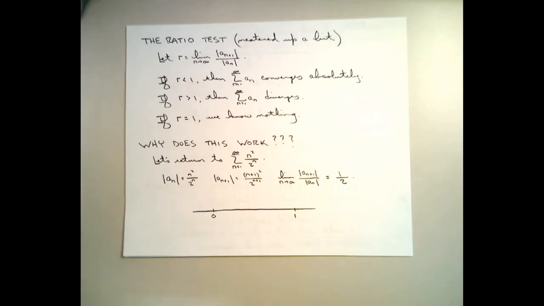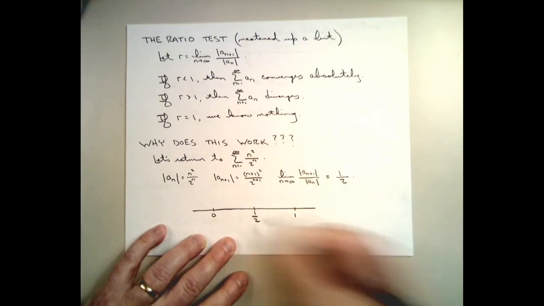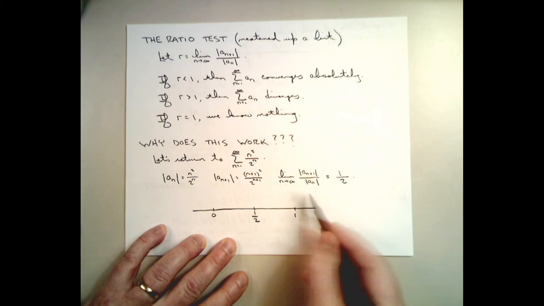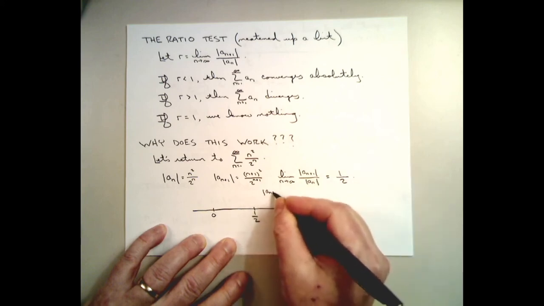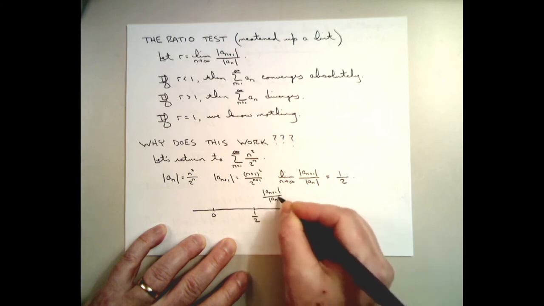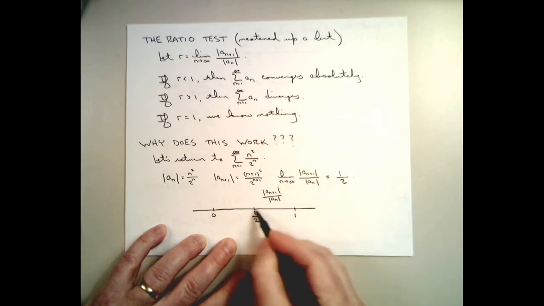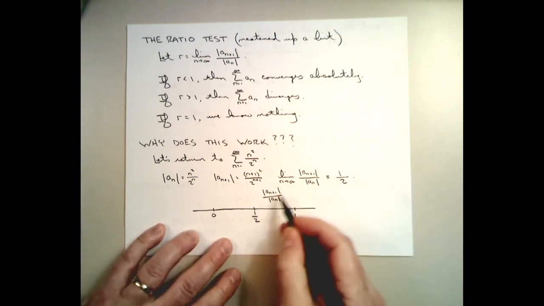Let's draw a picture here. So what's that saying? Here's a half. This statement says that these ratios, a sub n plus 1 divided by a sub n, are all pretty close to 1/2 whenever n is a big number.